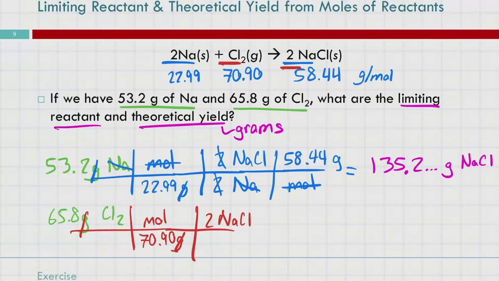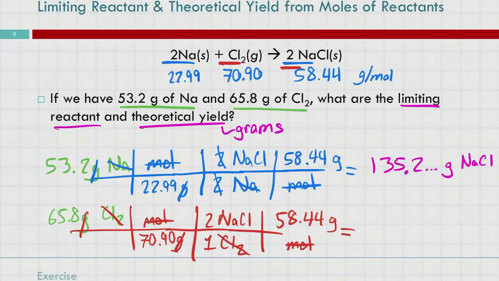So 2 NaCl on top, 1 Cl2 on the bottom. The Cl2s cancel out. And then we multiply by the 58.44 grams per mole to get back to grams for our sodium chloride. So we're putting in 65.8 divided by 70.90 times 2 times 58.44.